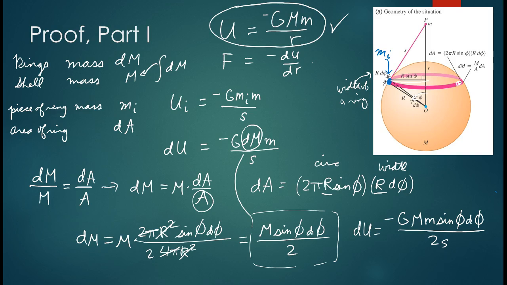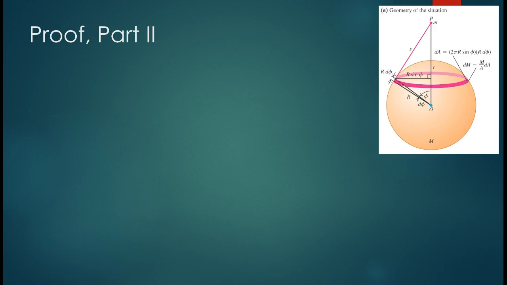Now one problem that we have is that we need to turn s into something else involving r and phi. So we're going to go to another slide here to have a little bit more space, and we can say, using the Pythagorean Theorem, that s squared is going to be equal to, let's just indicate this on our picture here, this distance squared plus that distance squared. If you call that A and B, and the hypotenuse is C, then C squared is A squared plus B squared.